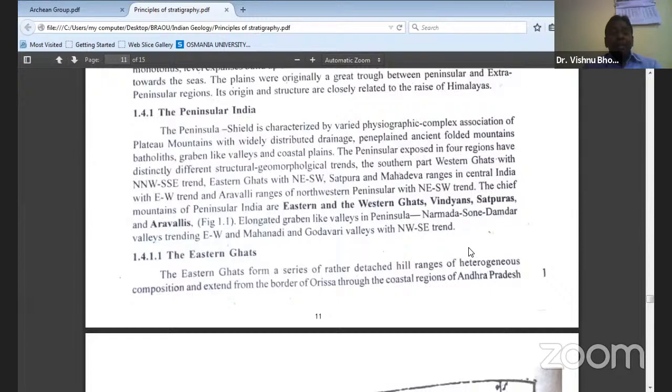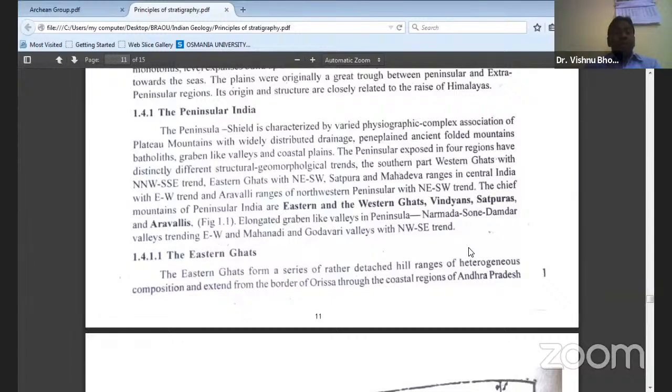Also in the central part of India are the Aravalli ranges. These Aravalli ranges form the northwestern peninsula, and again have a northeast southwest trend.